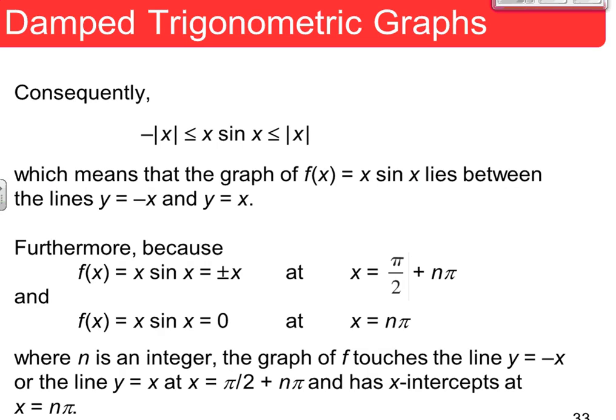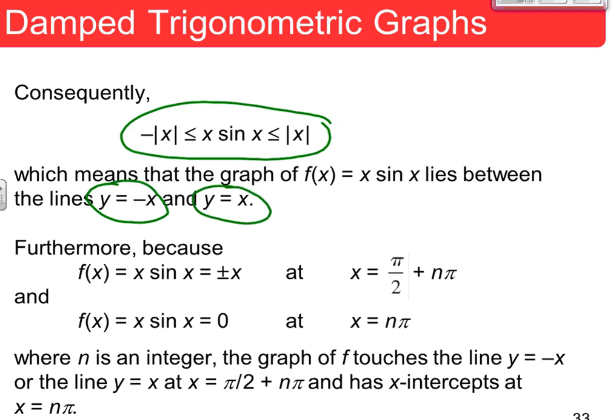If we figure out what that means, then we get that the negative absolute value of x is less than or equal to x sine x, which is less than or equal to the absolute value of x. And so you can think about that absolute value thing that is happening, and that it's going to now be bounded by the line y equals x or the line y equals -x. So these two lines are going to be the boundaries of this trig function.